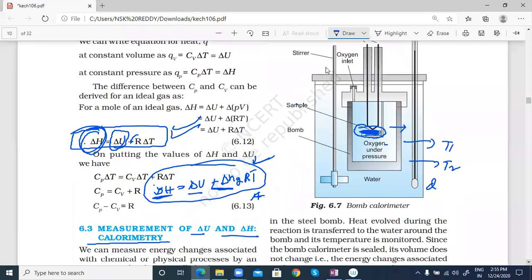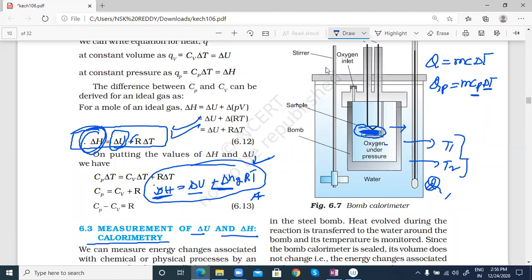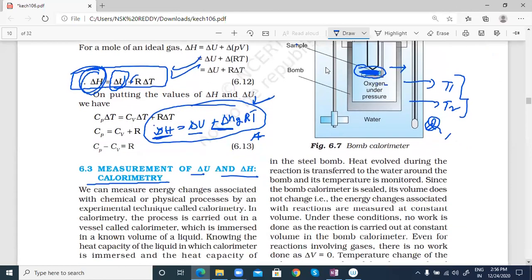So by knowing the Q value, T value, everything, Q equal to m C delta T. If at constant pressure, Qp, m means mass of the substance, into Cp, into delta T. This is the heat capacity, change in temperature T1 to T2, and mass of the substance which we are taking inside. m Cp delta T. Q is how much heat produced at constant pressure. By using this formula, you can do problems directly.